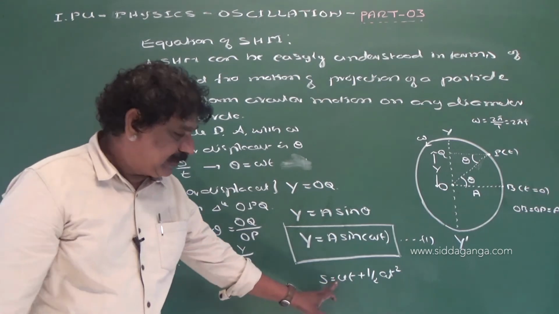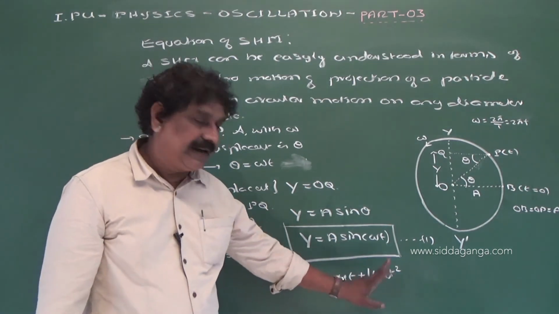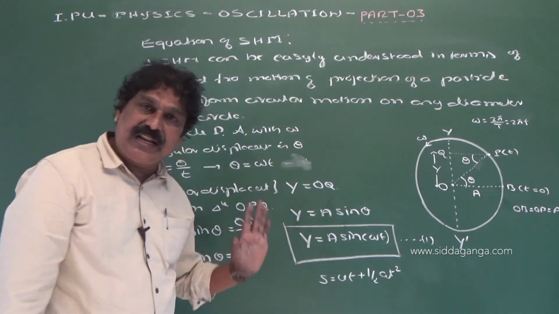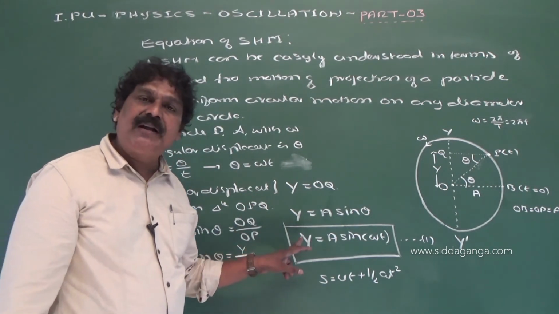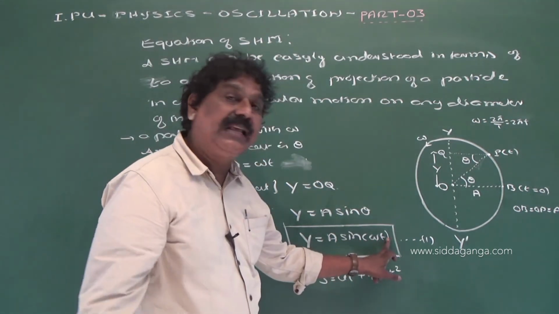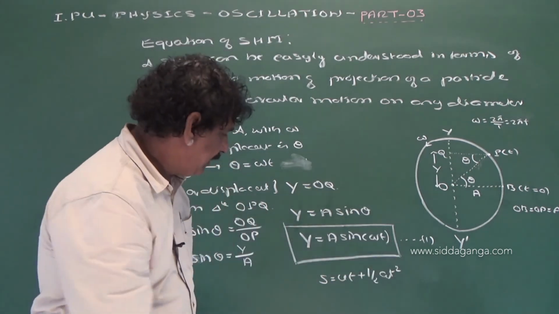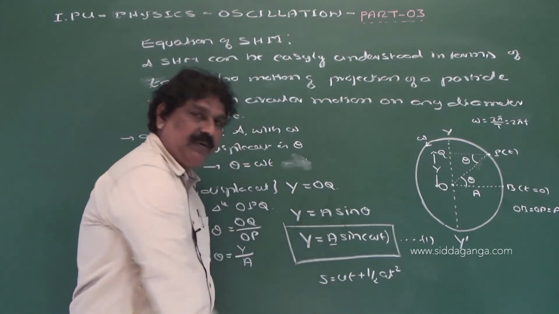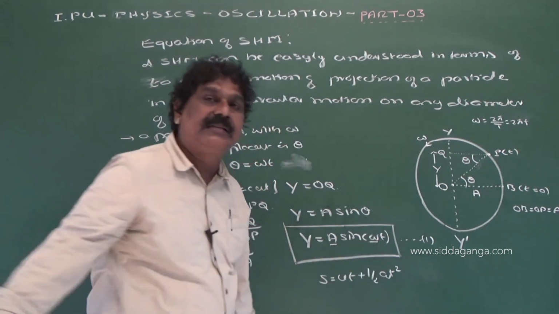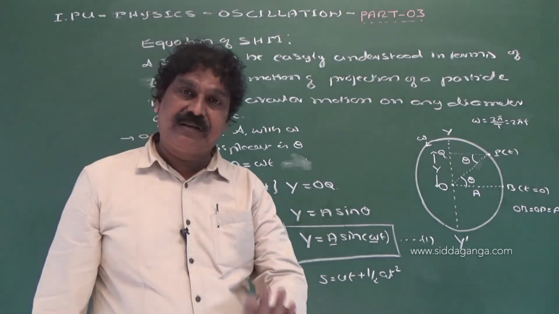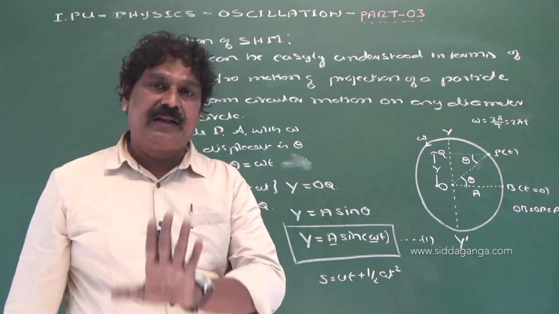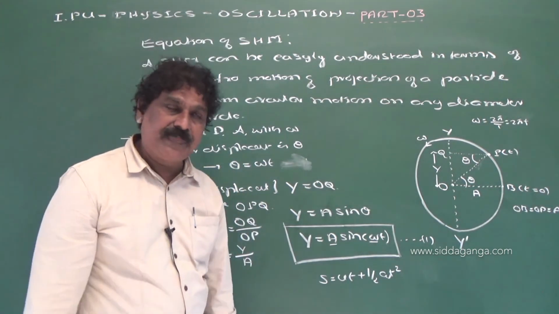Here u is initial velocity and a is acceleration.